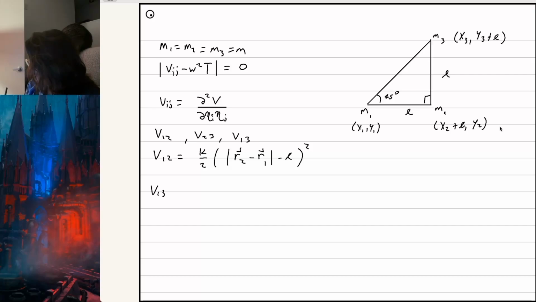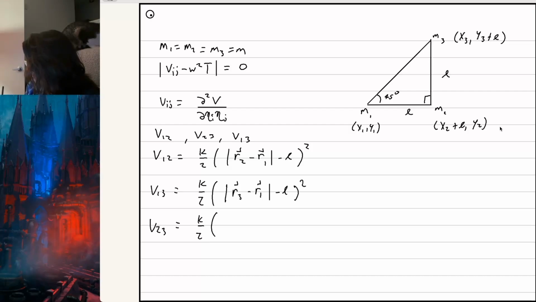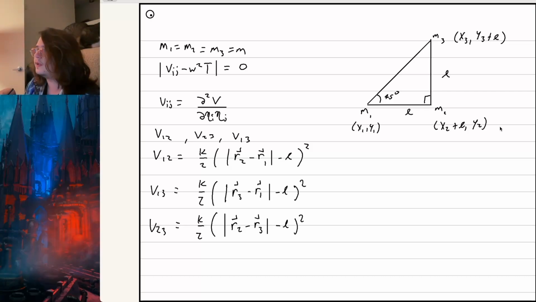Same thing with V13, very similar form. And same thing for V23: |R2 - R3| minus L, squared. They're all absolute values, so the order doesn't really matter.